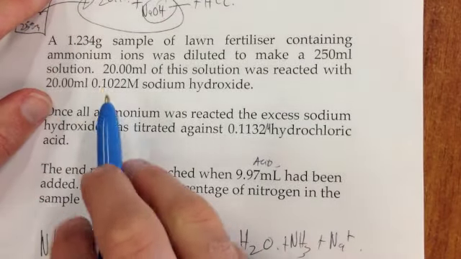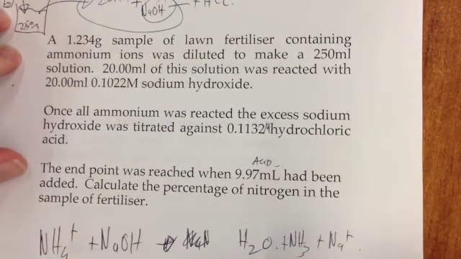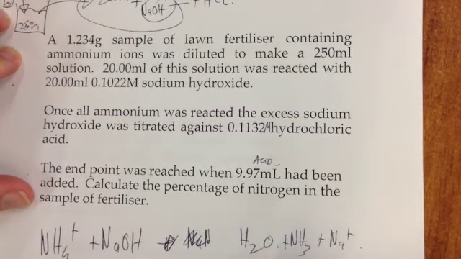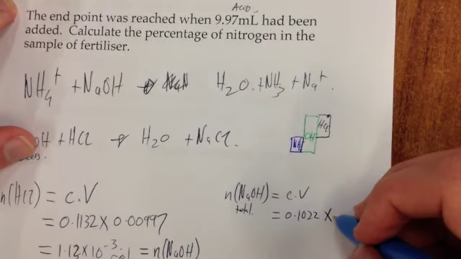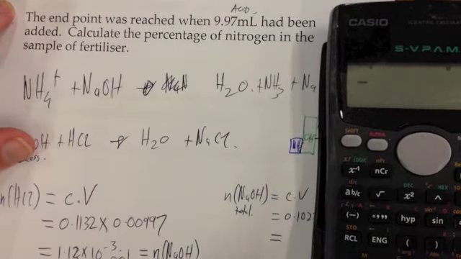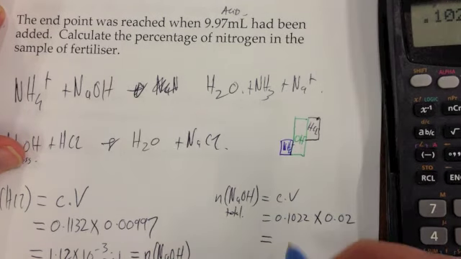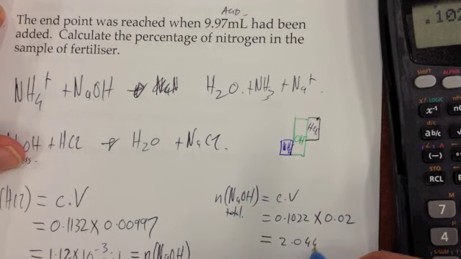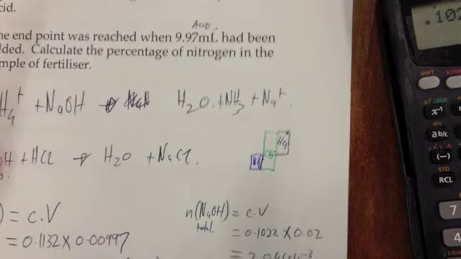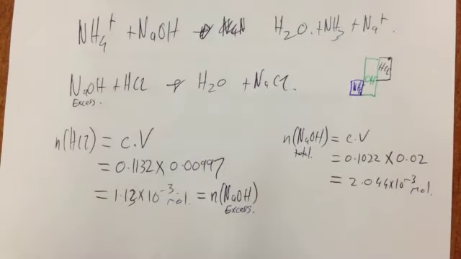We have a molarity and a volume, so we have n equals C times V, which equals 0.1022 times 0.02 because we added 20 mL of it. That is 2.044 times 10 to the negative 3 moles. So what we have is the total amount added and how much was left over.